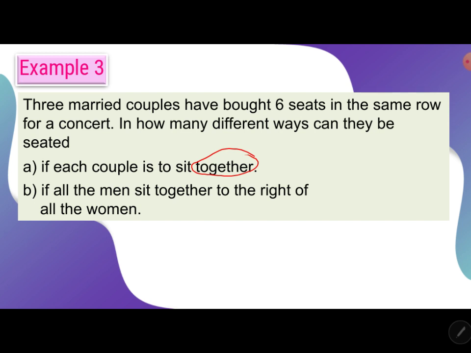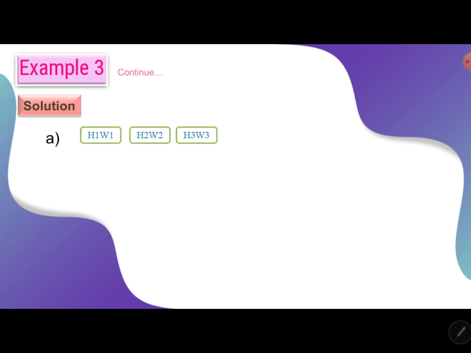So, 3 married couples means that we will have 3 groups. So these 3 groups can be rearranged in how many ways? 3 factorial, right? Or 3P3.